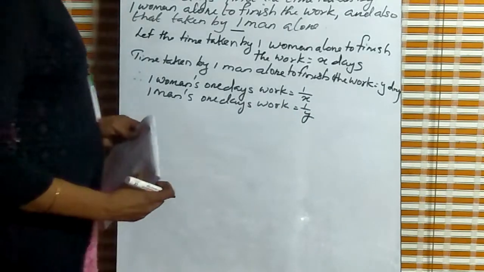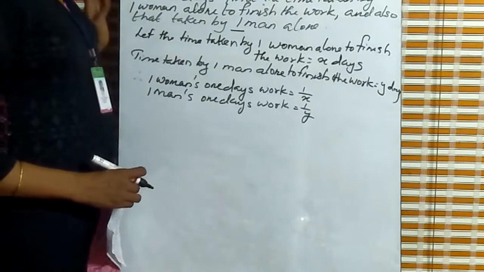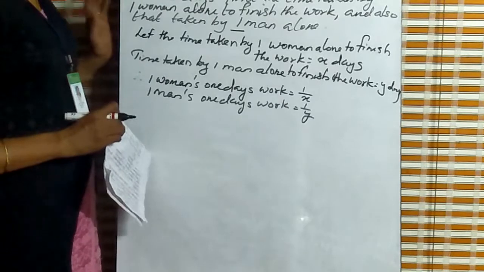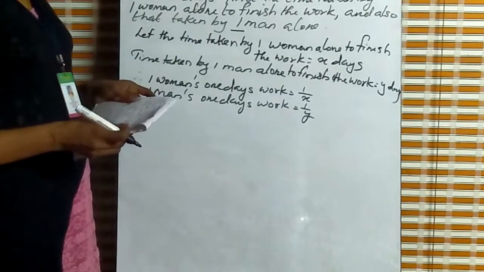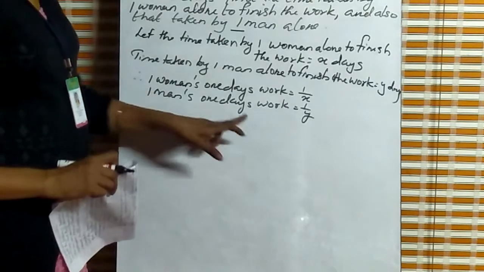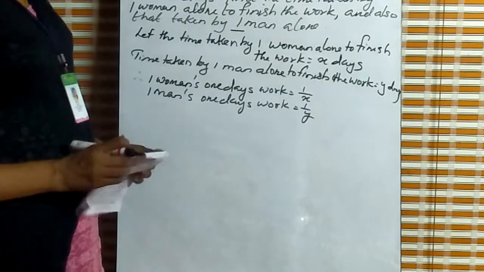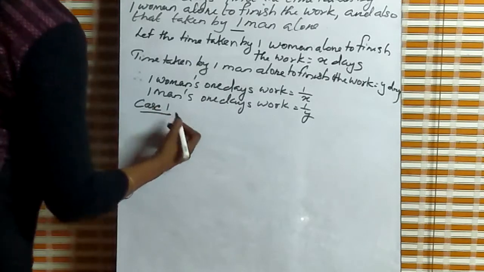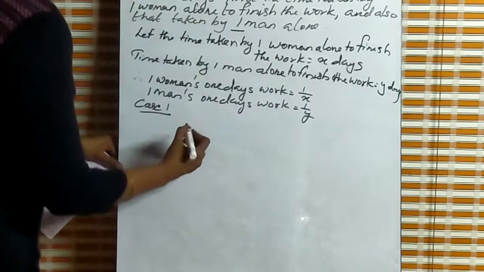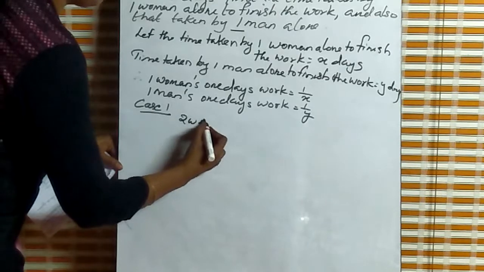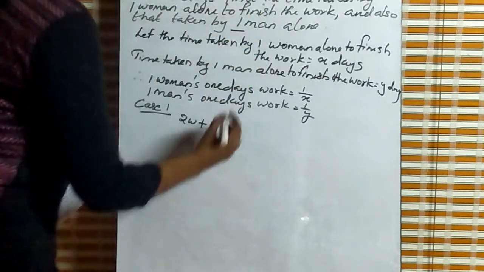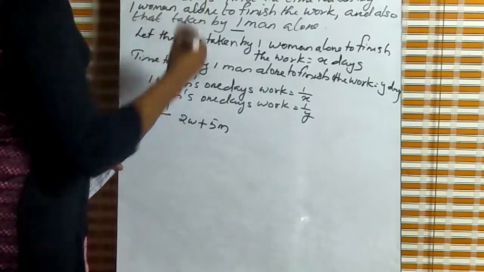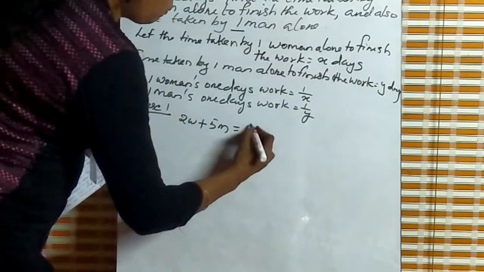So, one woman's 1 day's work is 1 by x and one man's 1 day's work is 1 by y. Now, case 1. Read the first part of our question: 2 women plus 5 men can together finish an embroidery work in 4 days.